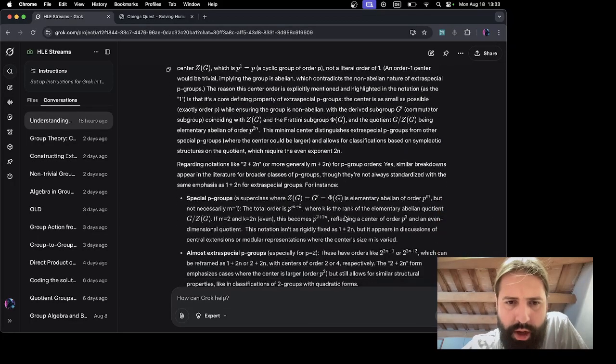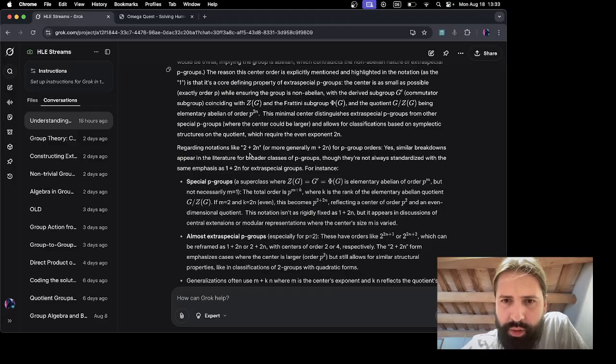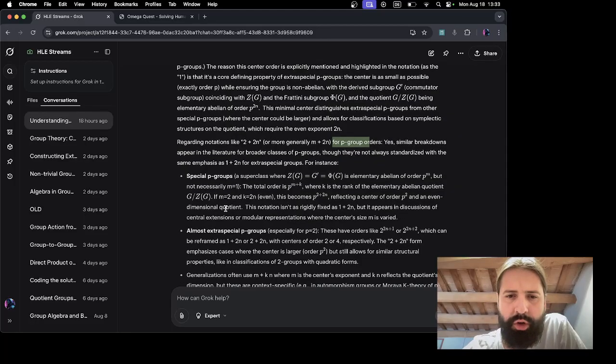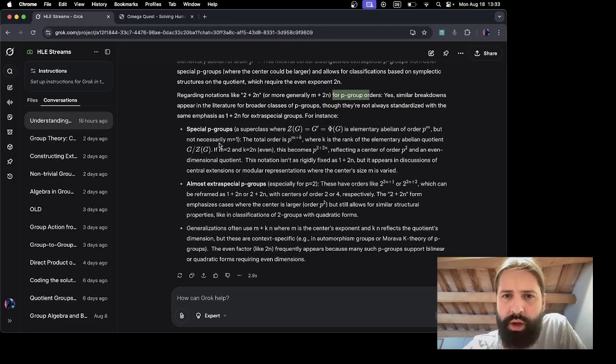Okay. Regarding notations like 2 plus 2n, or more generally m plus 2n for p-group orders, yes, similar breakdowns appear in literature for broader classes of p-groups, though they are not always standardized with the same emphasis as 1 plus 2n for extra special groups. For instance, special p-groups, a superclass, have center of order p^m, but not necessarily m equals 1. So the total order is p^(m+k), where k is the rank of the elementary abelian quotient.